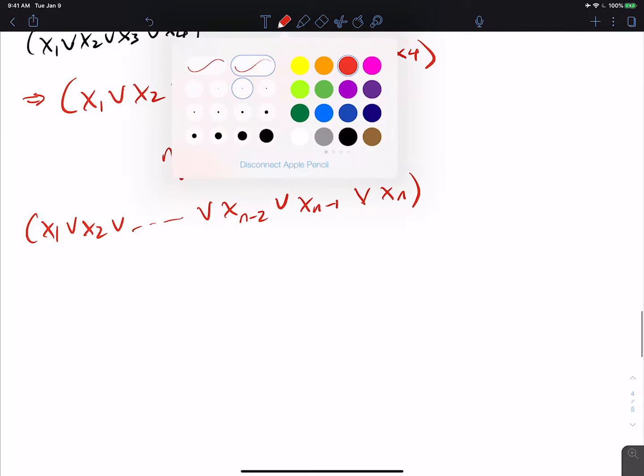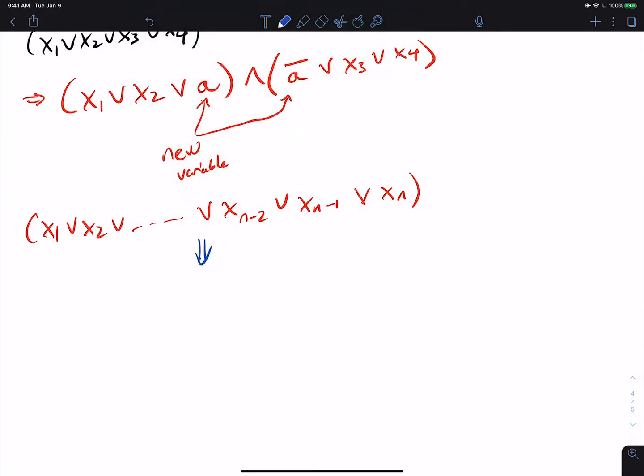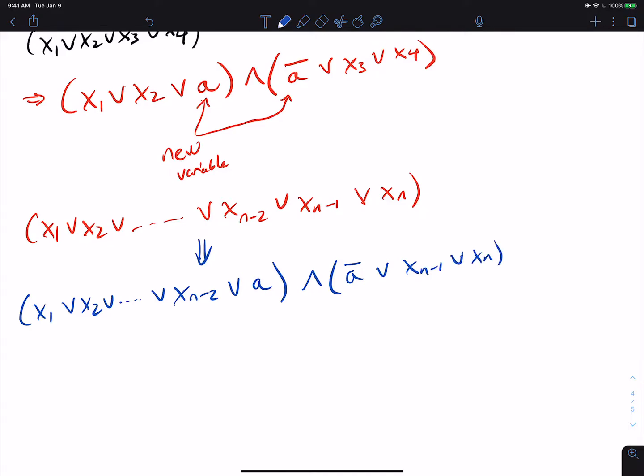I'm going to do this in blue. We're going to transform this into two clauses of the form x1 or x2 or up to xn minus 2, stopping with the x's here, or a, and then a bar, same thing as before, or xn minus 1 or xn.